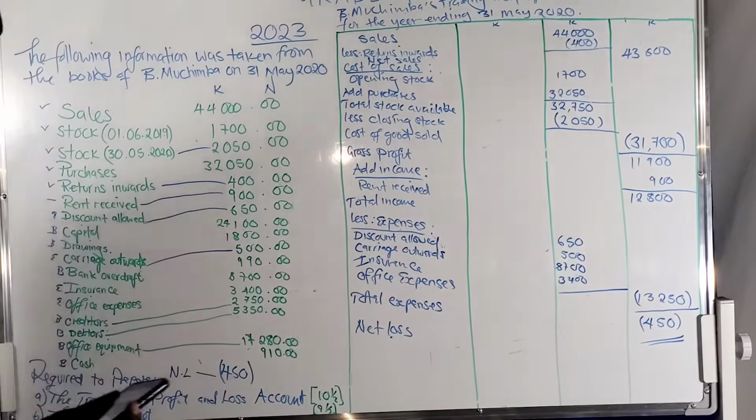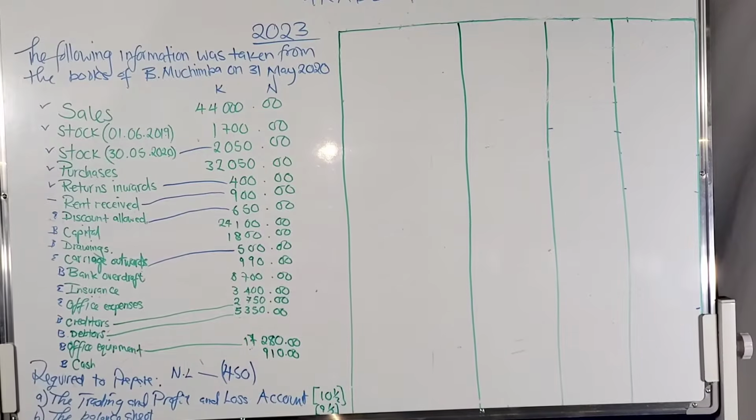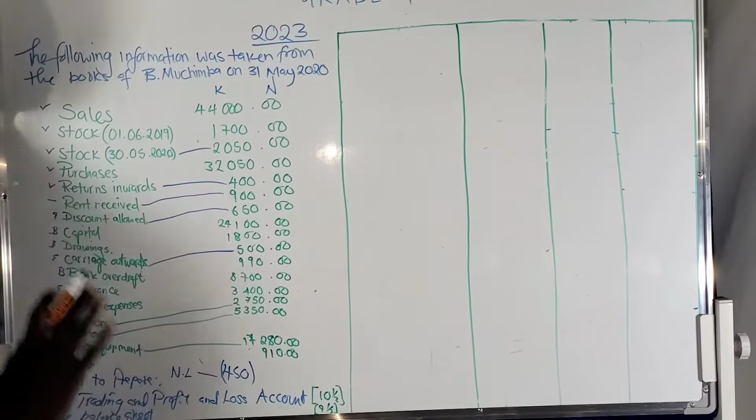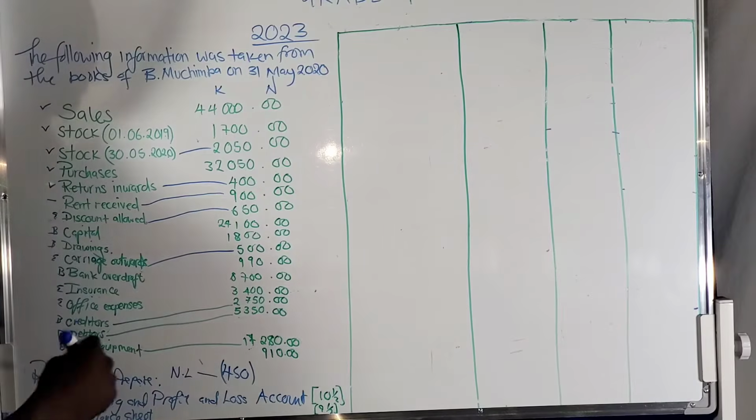Okay, so let's go to the balance sheet. Let me just clear a space there. All right, let's go to the balance sheet, not trial balance, but balance sheet. So remember to write the title. We're going to question B, which is question 2, which is just 9 marks.